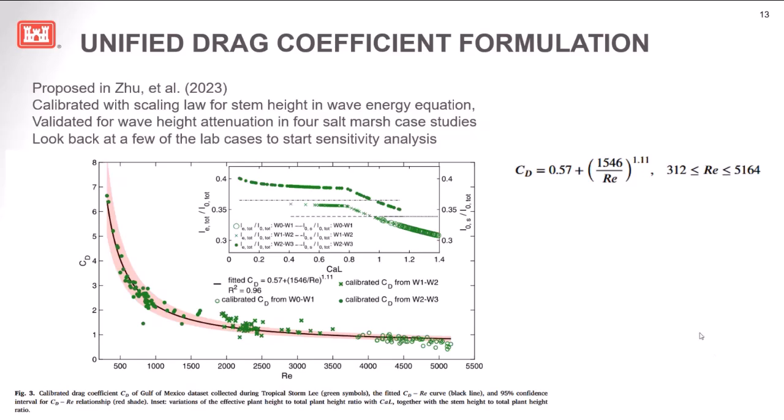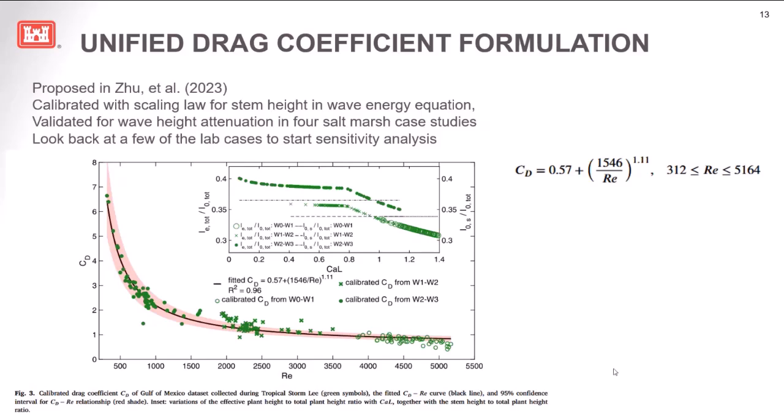So this is a closer look at the unified drag coefficient formulation as proposed by Zhu et al. in 2023. First, the scaling law was calibrated, or the drag coefficient was calibrated using the scaling law and the wave action equation for observations at each wave gauge. And next, this was plotted against the Reynolds number and fit to a curve that gave the unified formulation on the right.